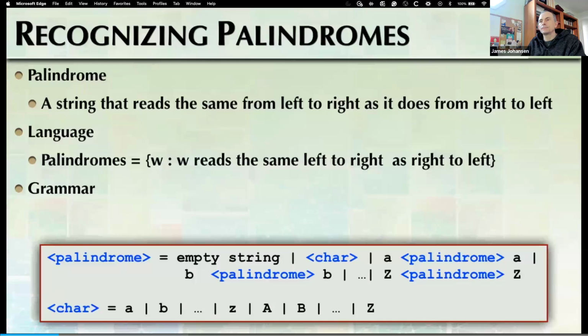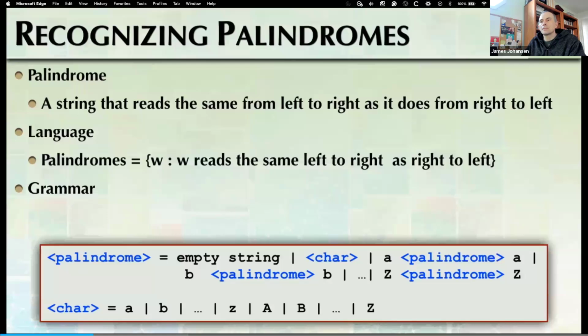Or a palindrome can be the character A followed by some other palindrome followed by the character A. Going from left to right, we have A, some palindrome that reads the same left to right, terminated by an A. Going from right to left, it's the character A, followed by a palindrome that's the same left to right as right to left, followed by another character A. And then we continue defining it this way for all the different characters in the alphabet. The symbol char reads A through Z, lowercase, and A through Z, uppercase.